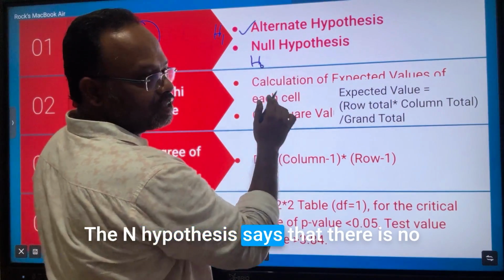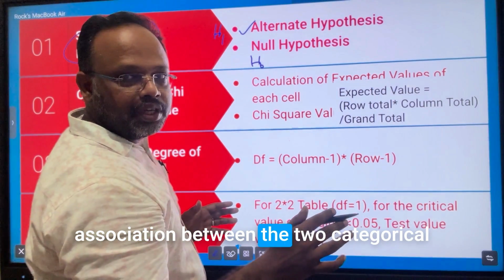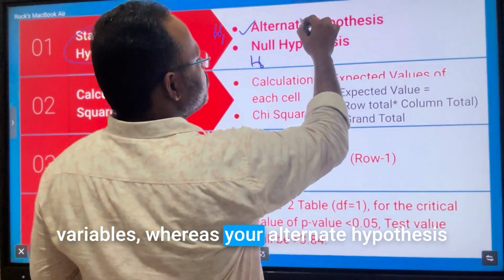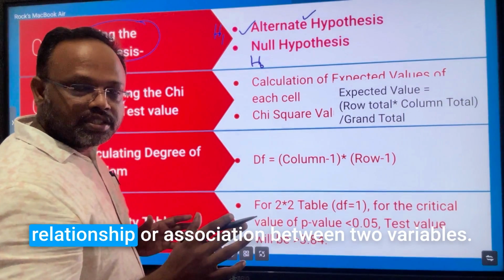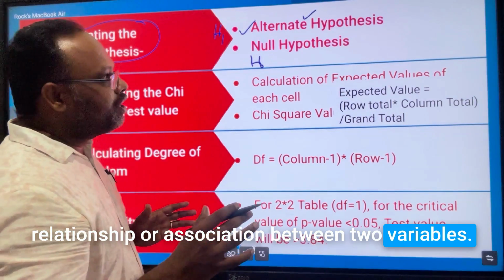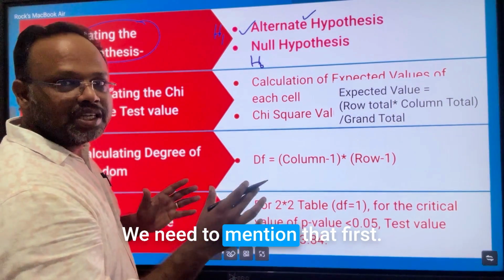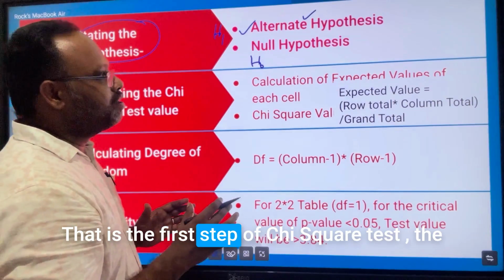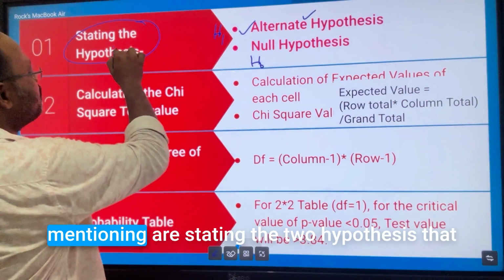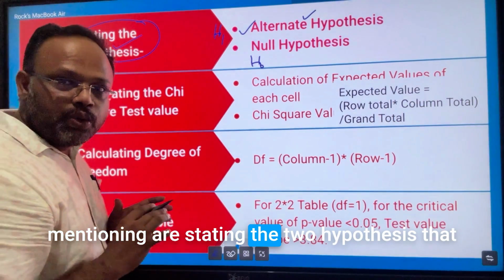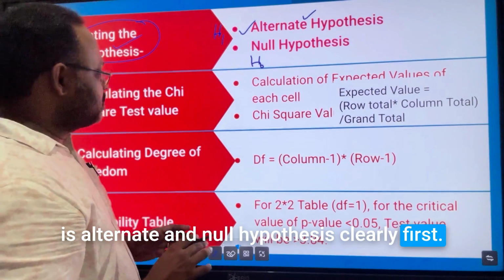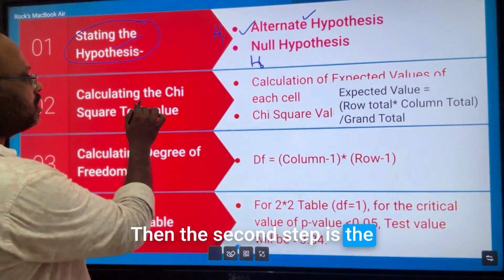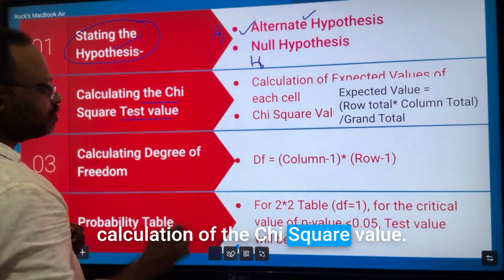The null hypothesis says that there is no association between the two categorical variables, whereas your alternate hypothesis or research hypothesis says that there is a relationship or association between two variables. We need to mention that first. That is the first step of chi-square test, stating the two hypotheses, that is alternate and null hypothesis, clearly first.